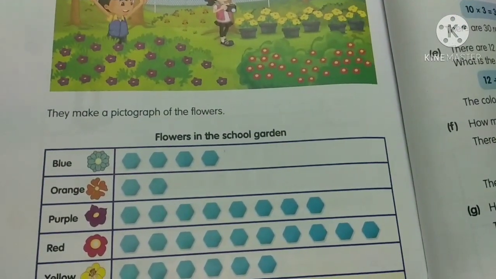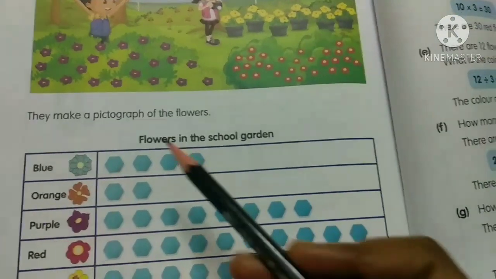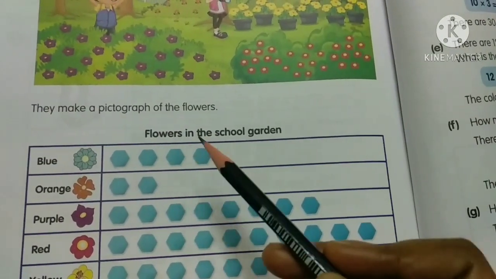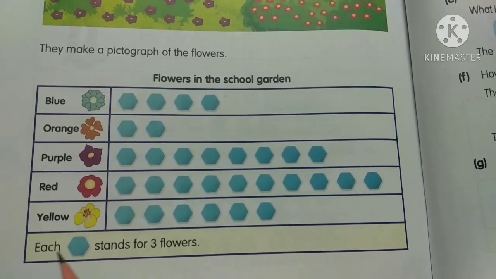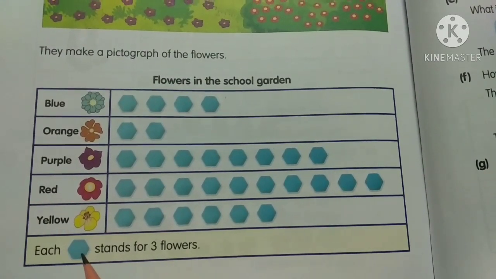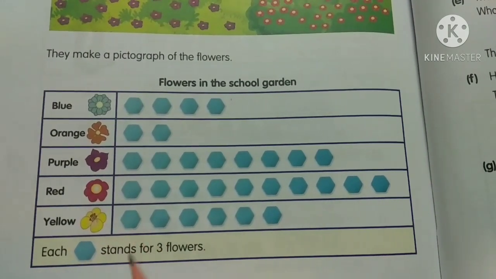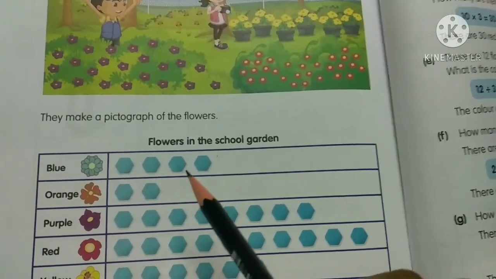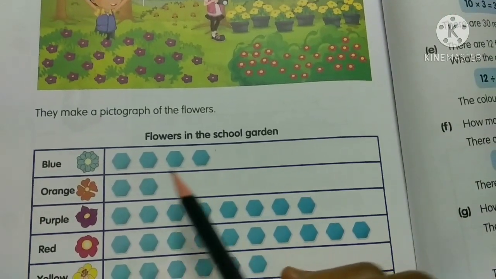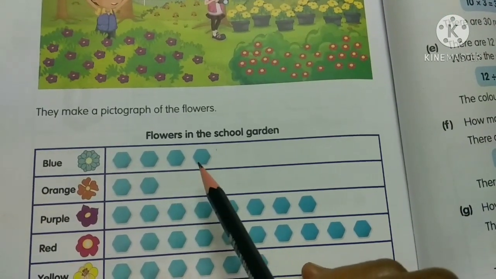Here they make a pictograph of the flowers in the school garden. See, each picture, this type of picture stands for 3 flowers. It means, see, blue color, 4 pictures are here.